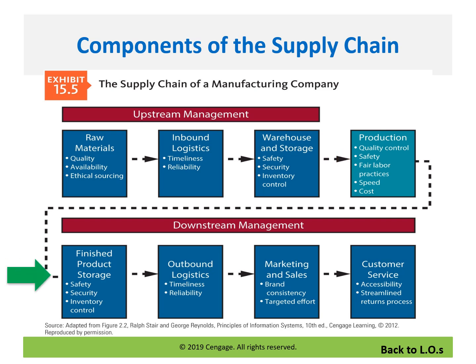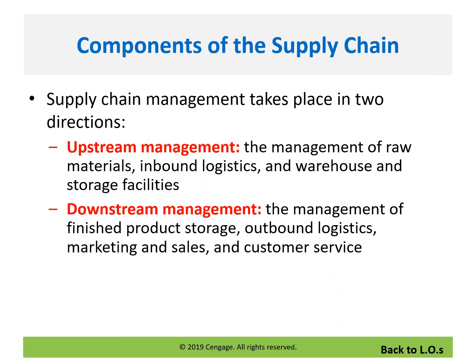Downstream management involves managing finished product storage, outbound logistics, marketing and sales of the finished goods, and customer service, which ensure accessibility and, in addition, streamline the returns process whenever necessary. So again, supply chain management takes place in two directions.